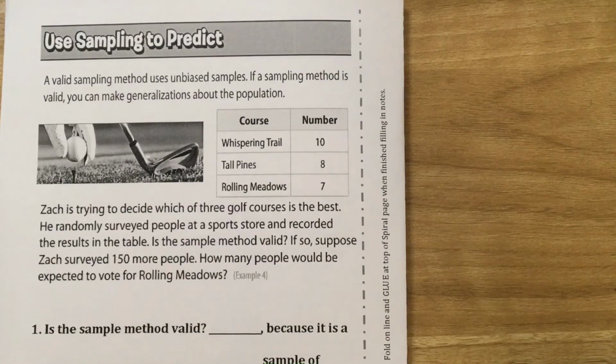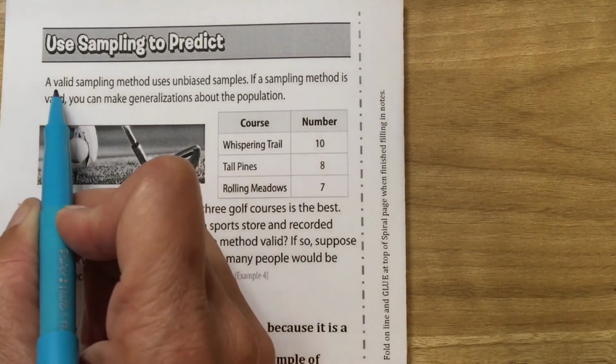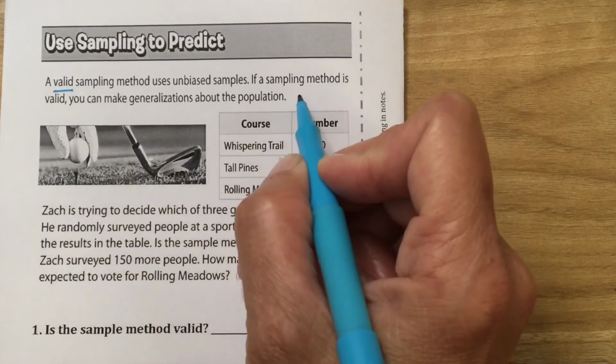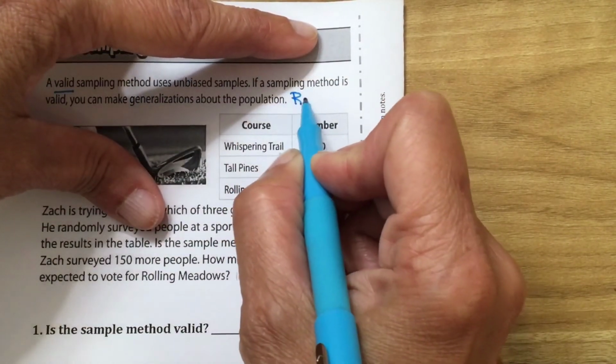Using a sample to predict. A valid sampling method uses an unbiased sample. If a sampling method is valid, you can make a generalization about the population. You're going to see that these are our random types of samples.